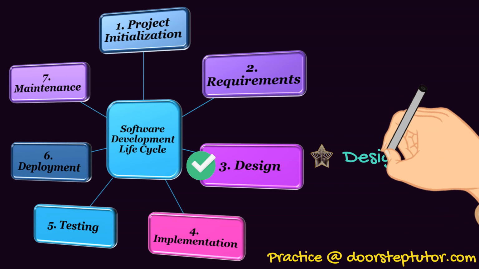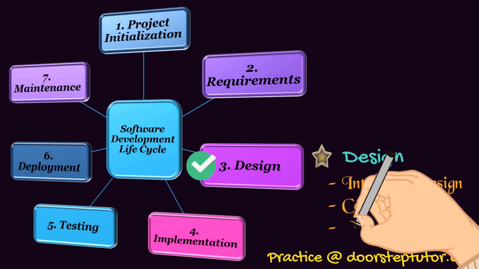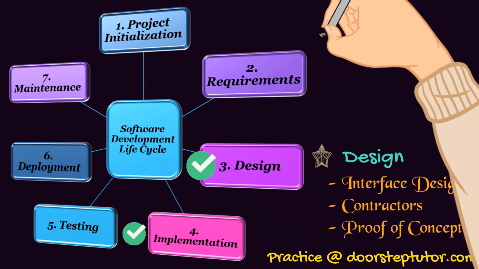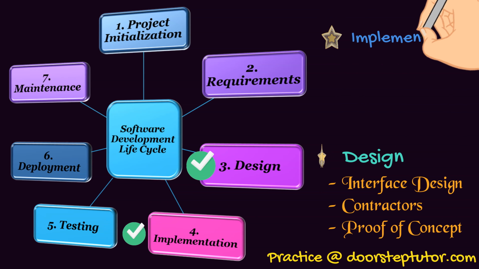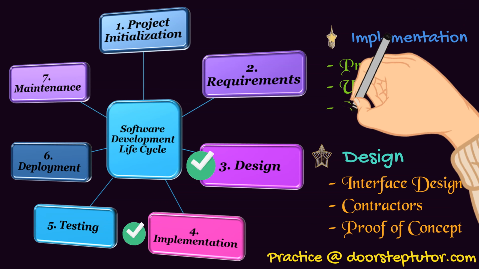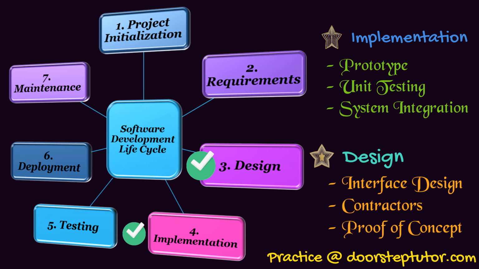Designing phase means that we will prepare the user interface, and we must have the proof of concept also. We must have evidence for those things. Then it will be followed by the next step, which is implementation. After the designing part, we will implement the whole project according to the requirements, in the required programming language plus the required platform also.